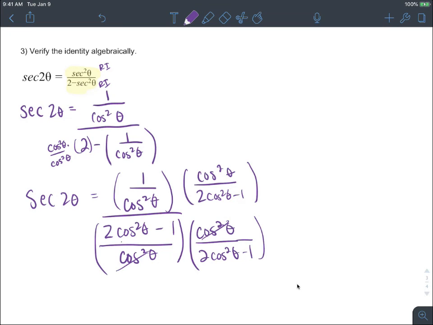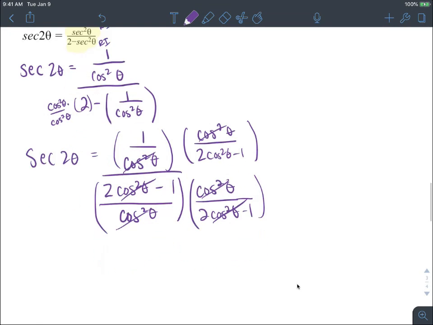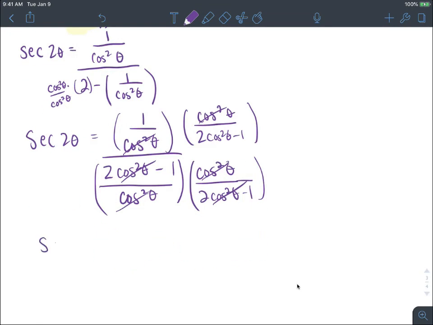See, everything from the bottom should cancel. And then my cosine squared thetas also cancel. So I get the secant of 2 theta is equal to 1 over 2 cosine squared theta minus 1.